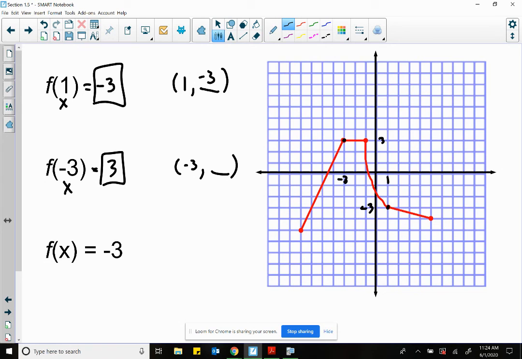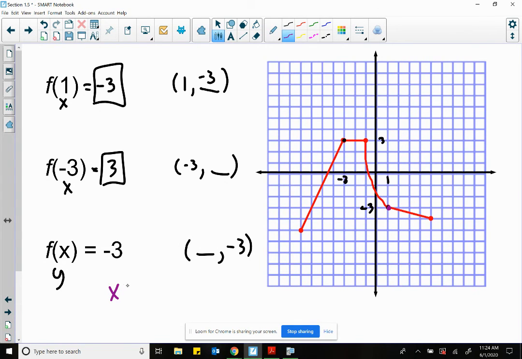And then last but not least, if you look at this, they are telling you the y value. So they want to know what x is. Okay? Now you got to be careful on this one. So we know the y value of -3 is right here. So we definitely know that an x value is 1.